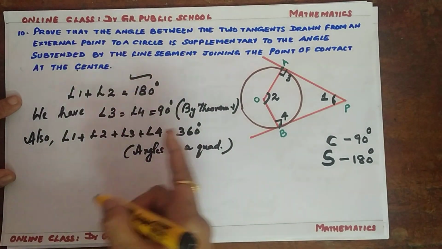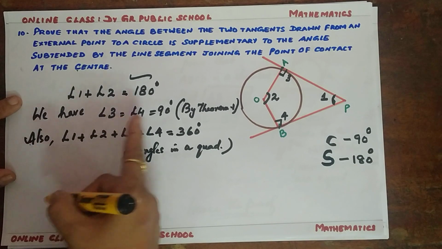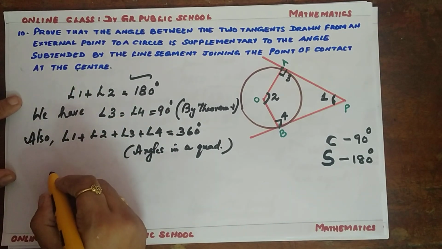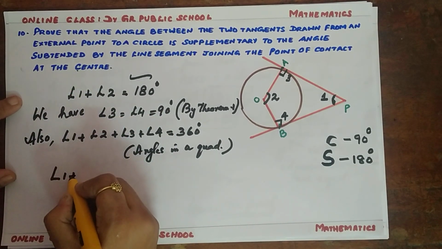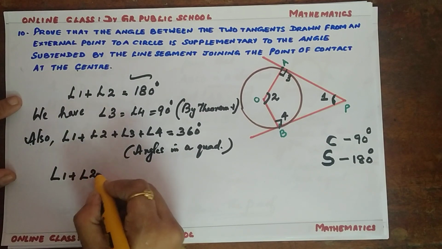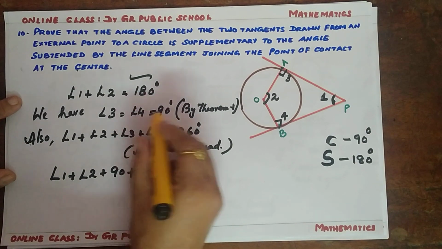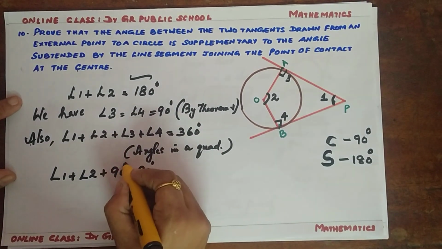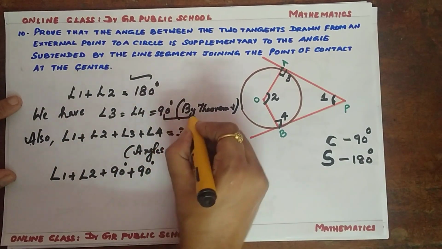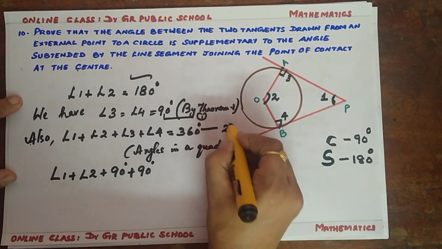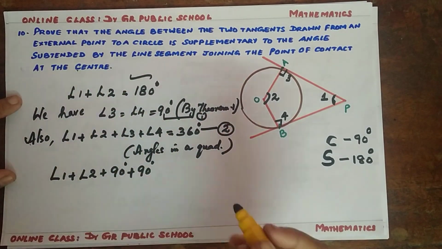Now you can substitute the values of 3 and 4 in this equation. If you want, you can write this as equation 1, this as equation 2, and write substitute 1 and 2.